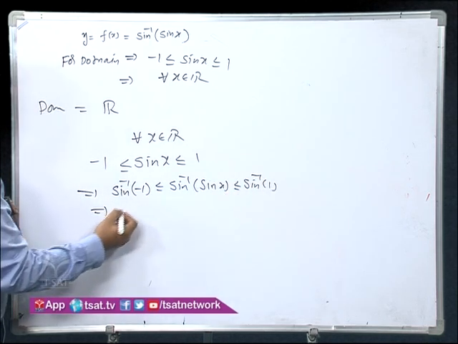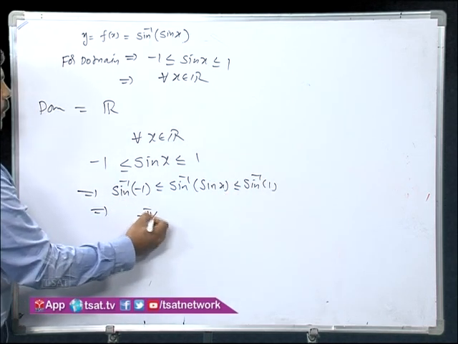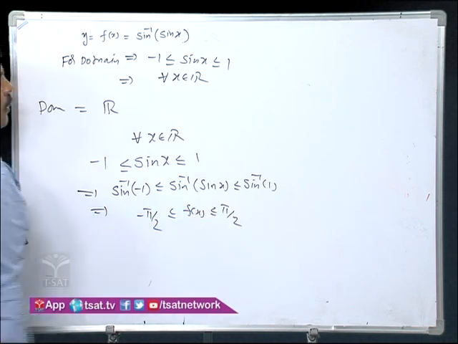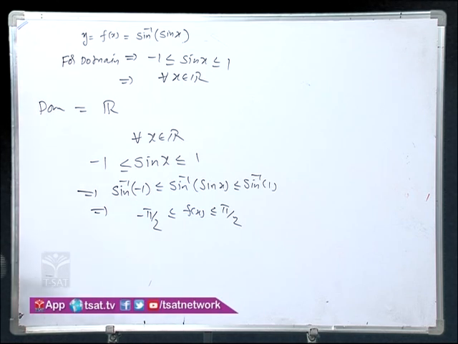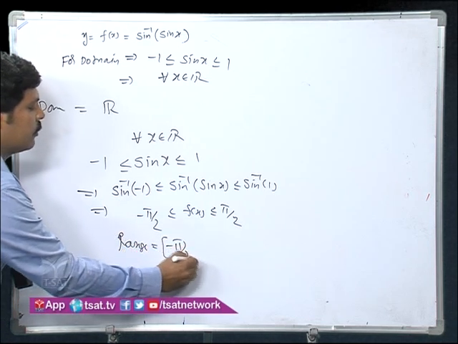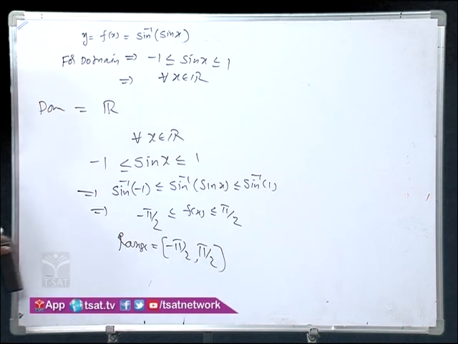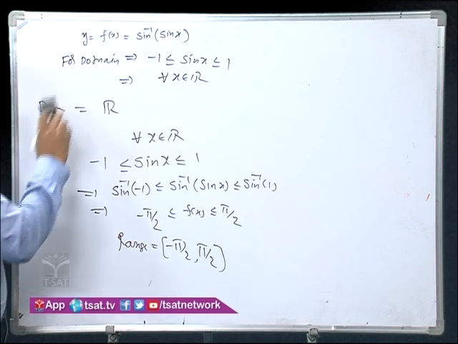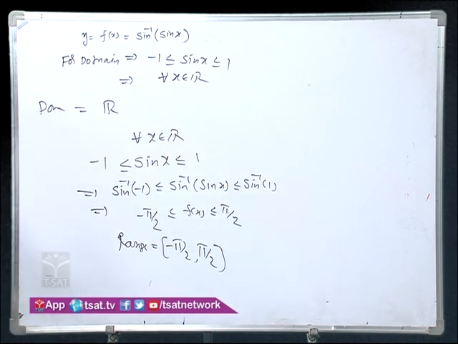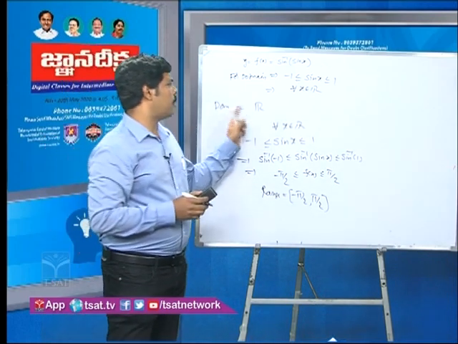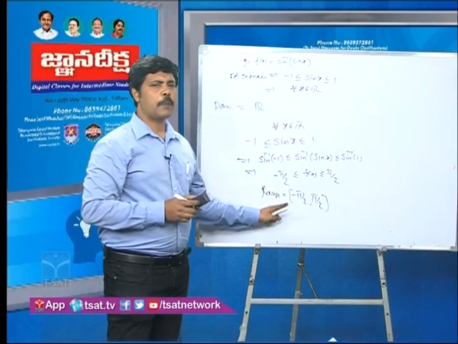Then sin inverse of minus 1 is minus pi by 2, less than or equal to f of x, less than or equal to pi by 2. Therefore f of x lies between minus pi by 2 to pi by 2. That is, the range of this function is minus pi by 2 to plus pi by 2. Now we draw the graph. The domain of the function is R, the range is minus pi by 2 to pi by 2.